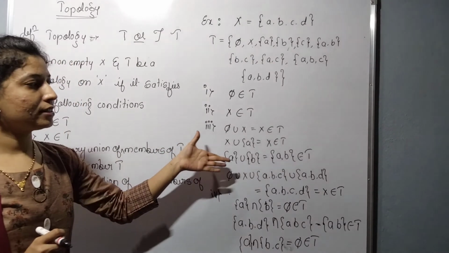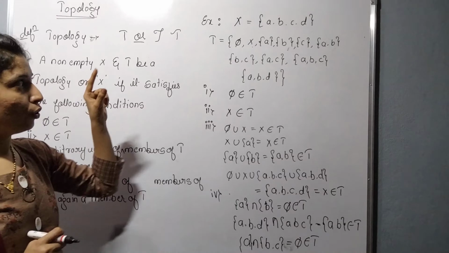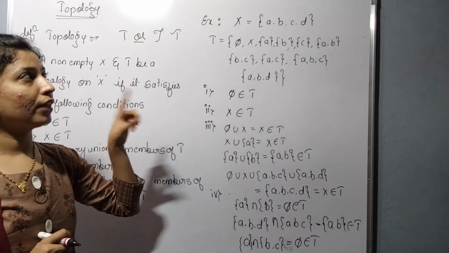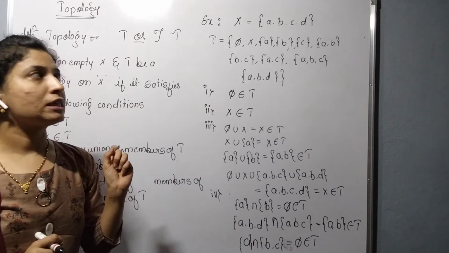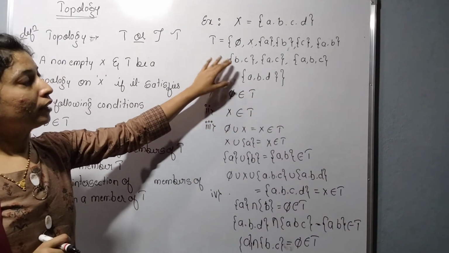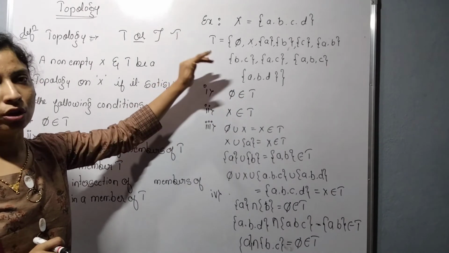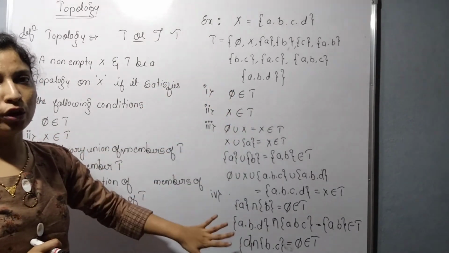This is the example of how to define the topology tau on X. Here first they give the non-empty set, then they define tau. After that, we have to check whether this tau is a topology on X or not. For that we have to consider four conditions.